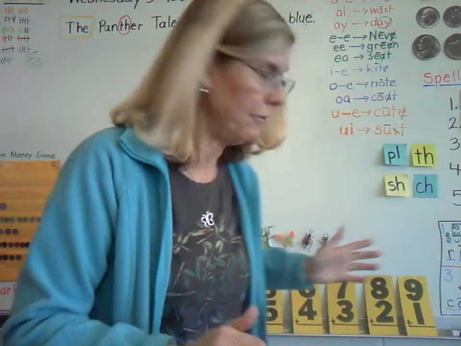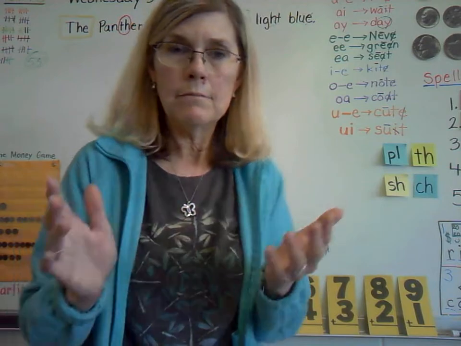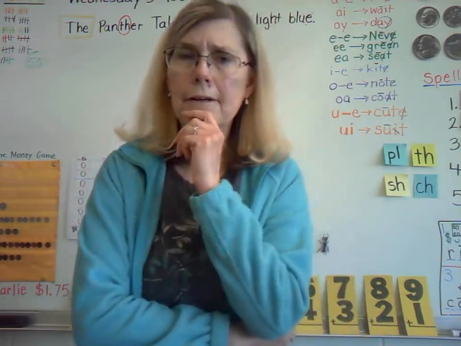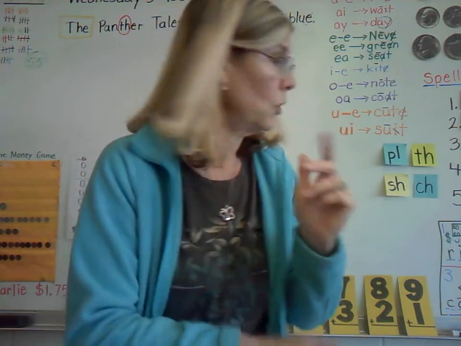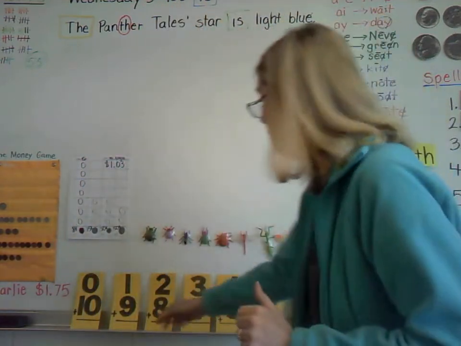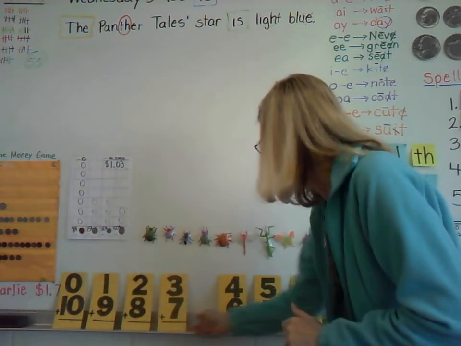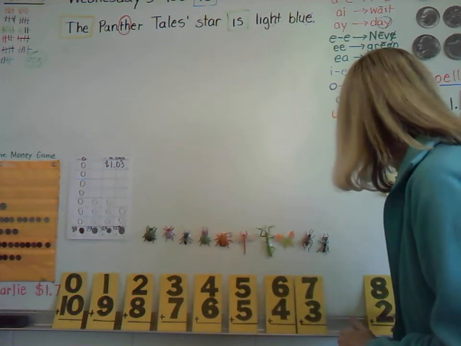Now, oddly enough, the person that made these cards for us didn't make a 10 plus 0 card. Either that or I lost it. At any rate, I don't have it. So what we're going to do is this. We'll move these down a little bit. We'll just slide them right down. Because we have to have 10 plus 0.